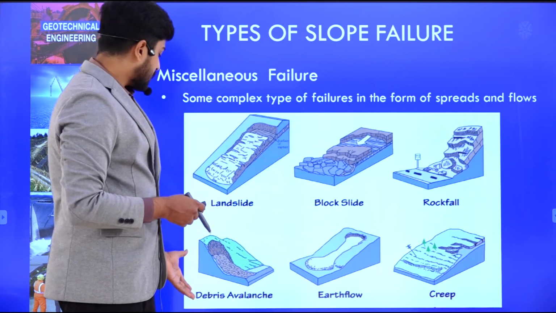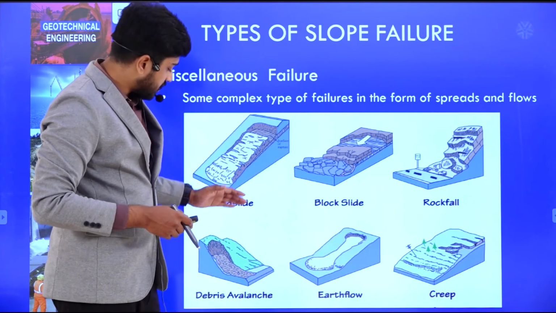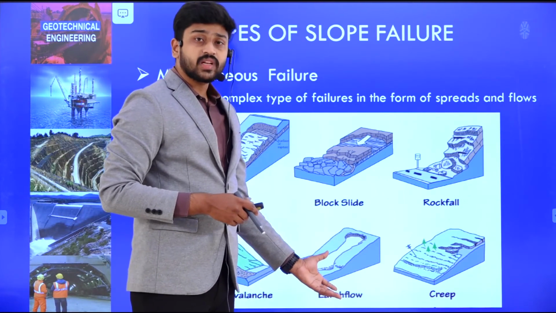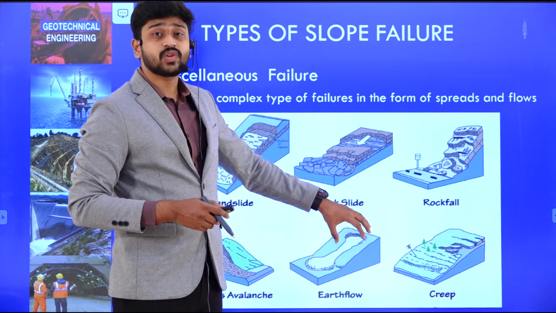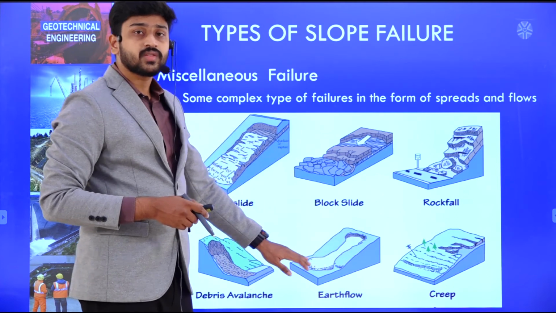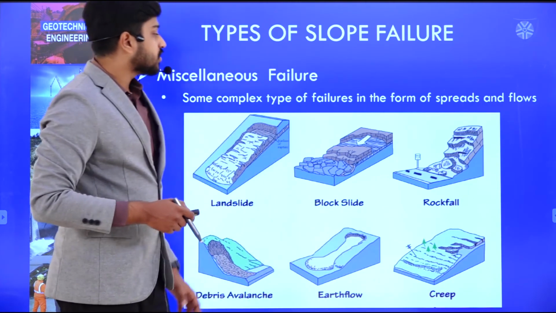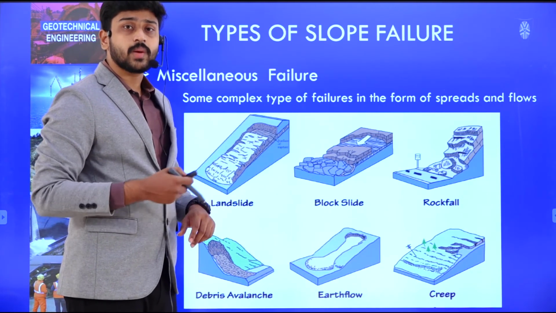This is the other type where debris or comparatively weaker soil is trying to fail and slide down. If you look at this particular region, it is an earthen flow where the soil is very weak, so it is just flowing like a liquid. Such type is another type. This is another type, creep failure. These are some of the other types known as the miscellaneous failures which may be observed in case of any slope.